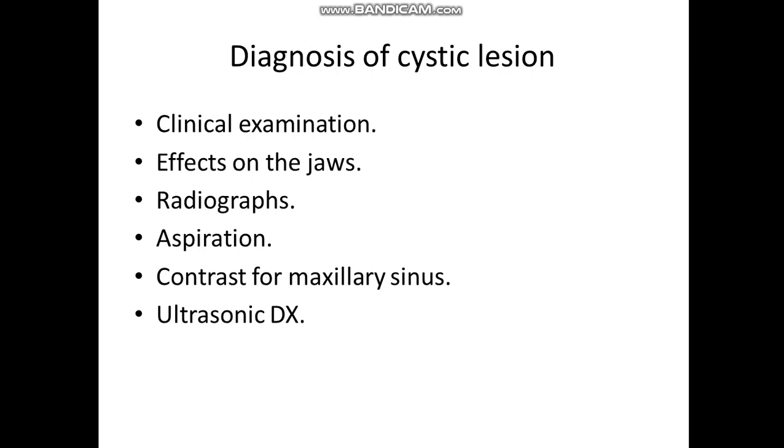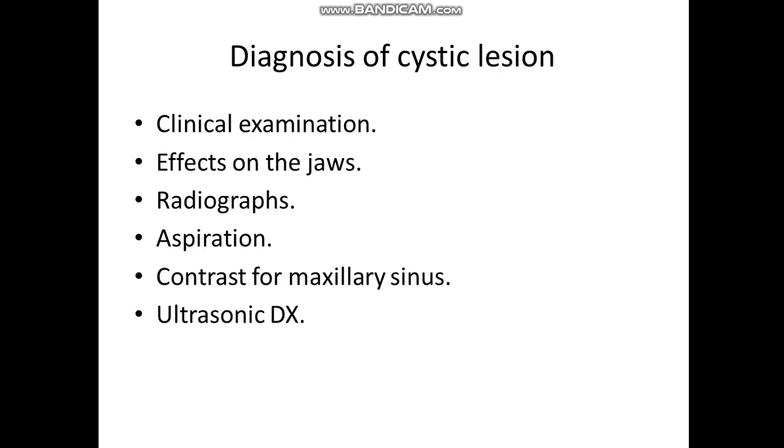But in the case of large cystic lesions, for accurate diagnosis, because a large cystic lesion becomes very close to vital structures, such as the inferior alveolar nerve or maxillary sinus, we may need a CT scan or CBCT, cone beam computed tomography, or also magnetic resonance imaging, MRI. This is very important for accurate diagnosis.